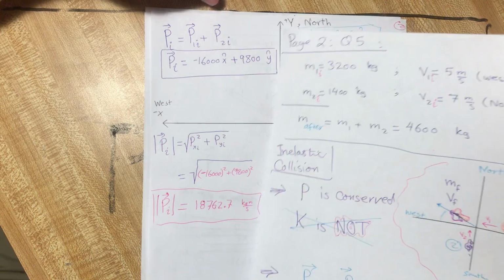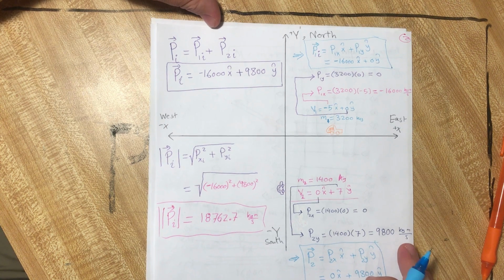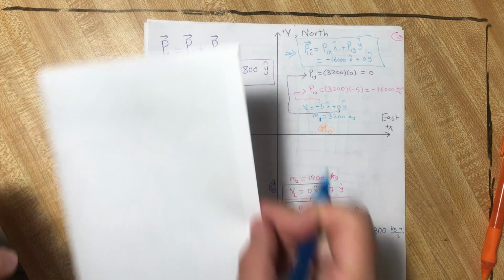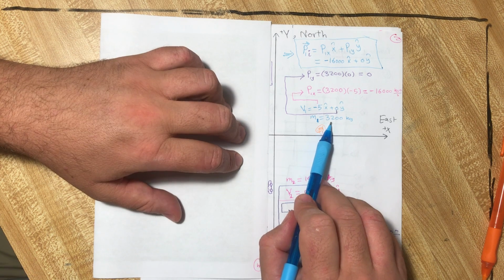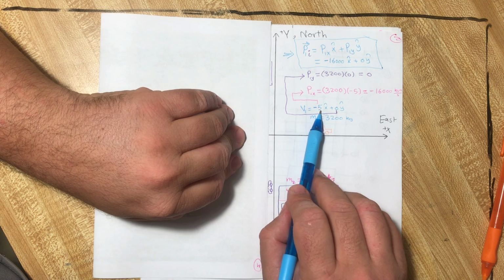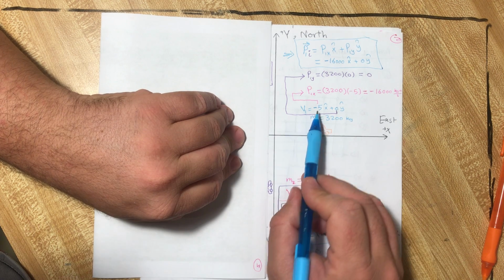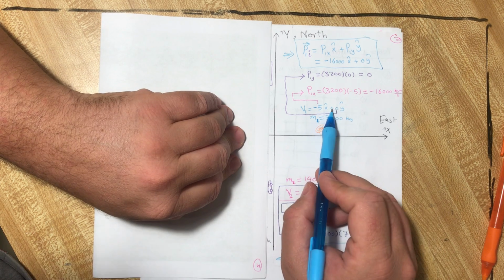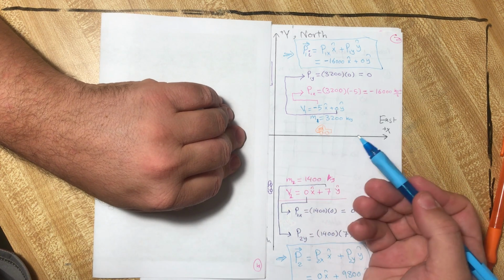Okay, now let us first see. Look here, please. For the truck, the mass of the truck is 3,200 kilograms, and the velocity is -5 in x direction because it goes to the west. To the west, I give it a negative sign. The magnitude is 5 in x direction, plus 0 in y direction because it has no component in y direction.